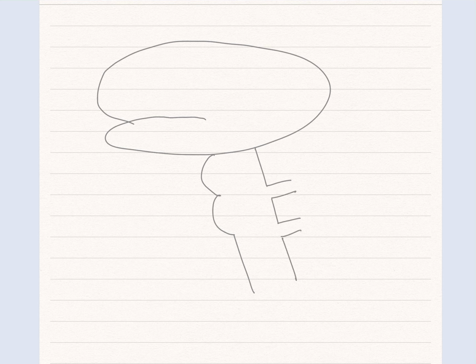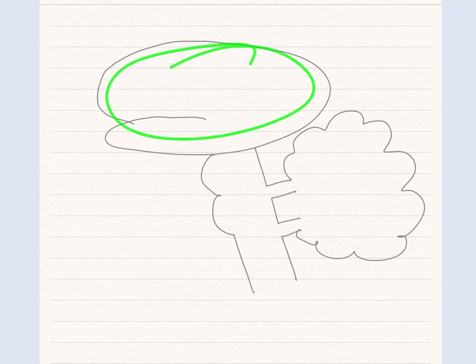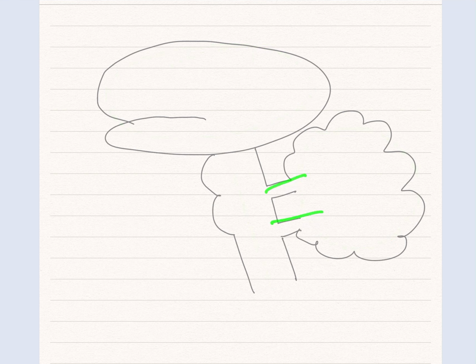Okay, what I've just drawn here are called cerebellar peduncles. Think of peduncles as a bridge between the brainstem and the cerebellum. There are three, superior, middle, and inferior, but I'm just going to draw two for simplicity's sake. And then there's your cerebellum. So cerebrum, brainstem, cerebellum, and then peduncles as a connecting bridge between the brainstem and cerebellum.